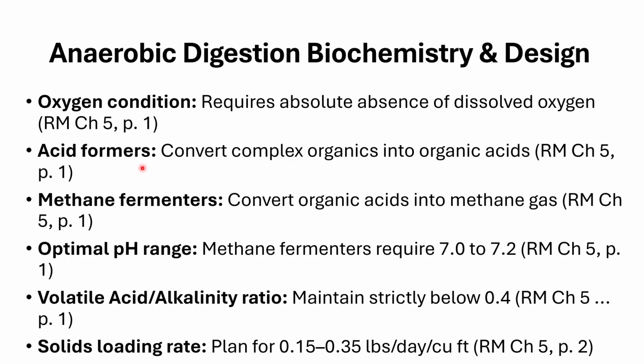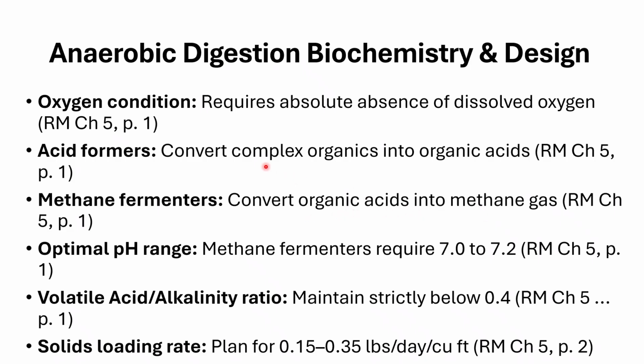We have these acid formers, okay? These acid formers, these microbes, they're going to convert complex organics into organic acids. So they're going to form acids, if you will. And we've got these fermenters out there, these little bugs, they're going to produce methane. They're going to take these organic acids we formed and convert them into methane gas.